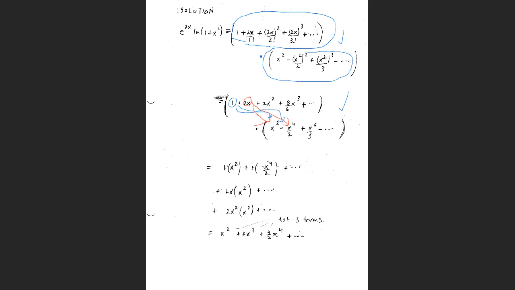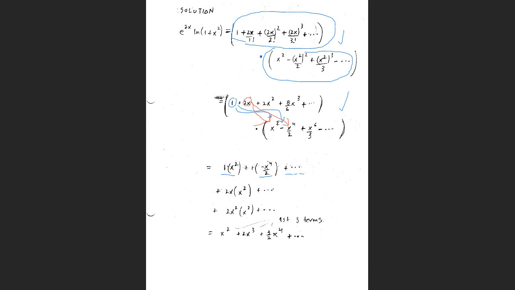When I do that, I'll have a 1 times x squared. That's fine. And I'll have a 1 times negative x to the 4th over 2. And I could keep going, right?